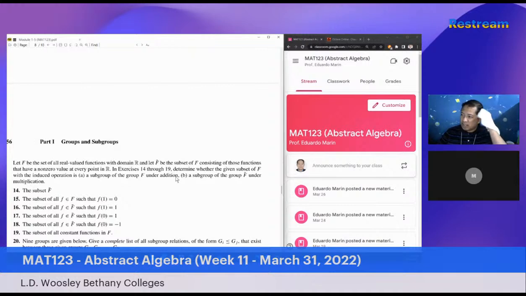Okay, for 14 to 19, it says here, determine whether the given subset of F with the induced operation is a subgroup of the group F under addition, a subgroup of group F tilde under multiplication. So it's either a subgroup for addition and subgroup for multiplication.